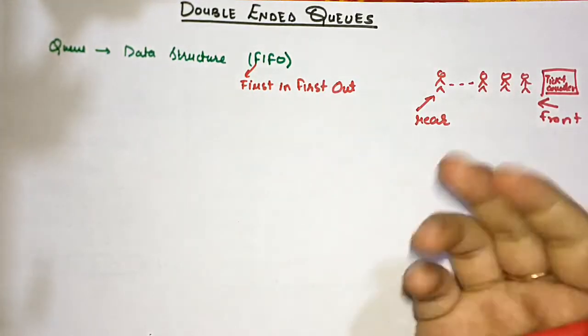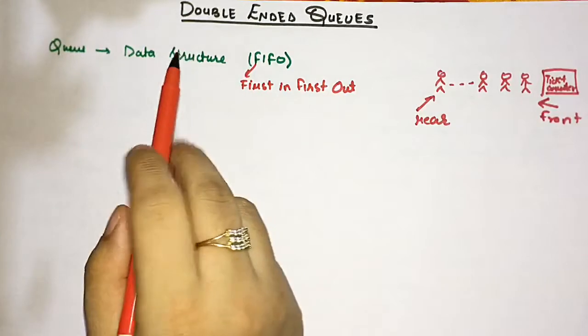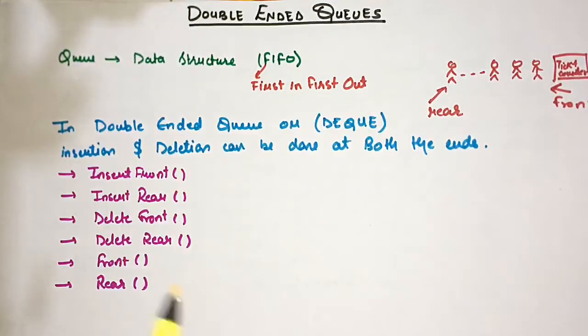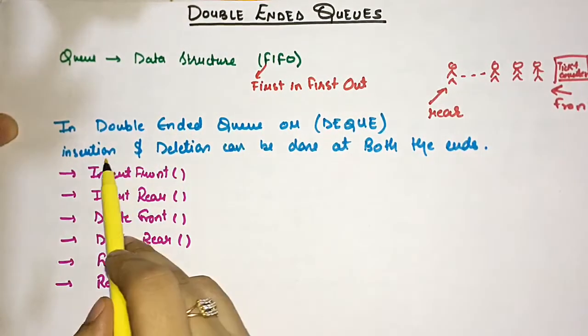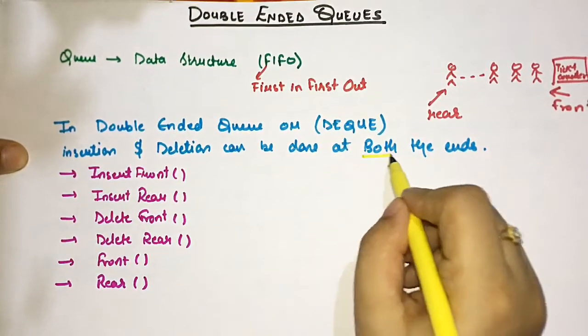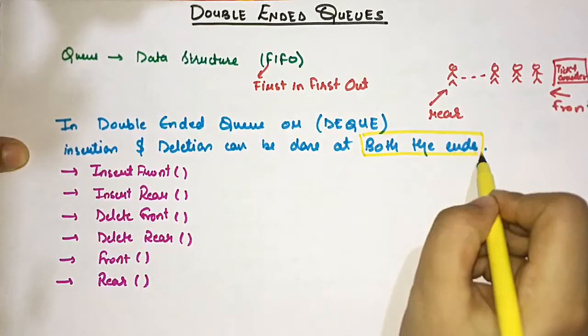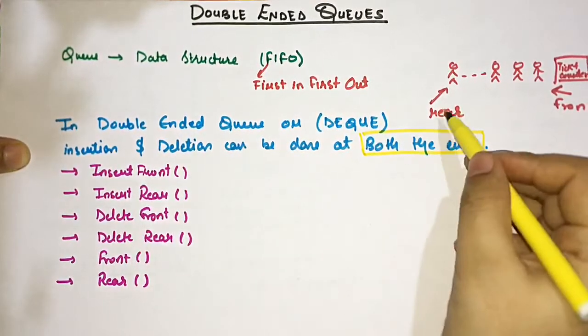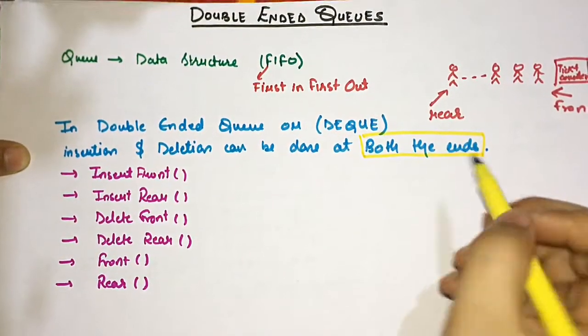These are extensions of queues. In a double-ended queue, insertion and deletion can be done at both the ends. This is the most important point to be noted: double-ended means insertion and deletion can be done at both the ends.